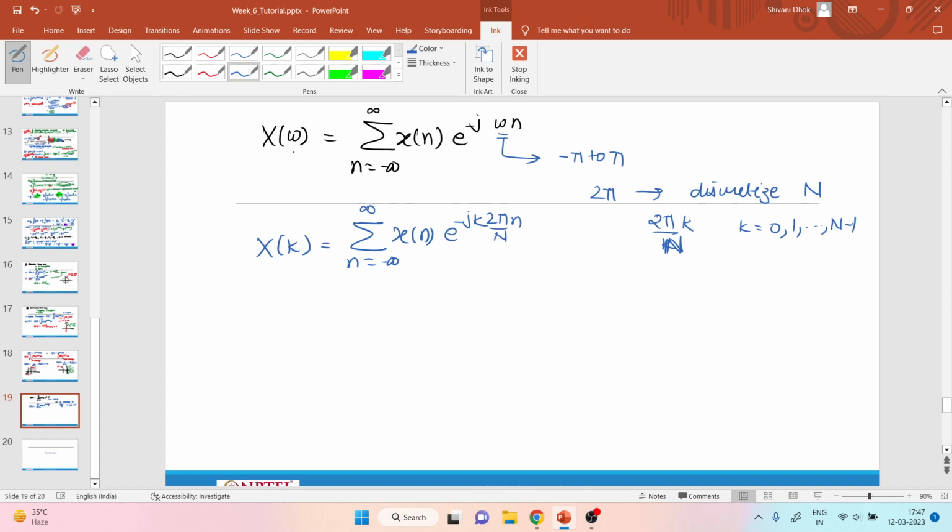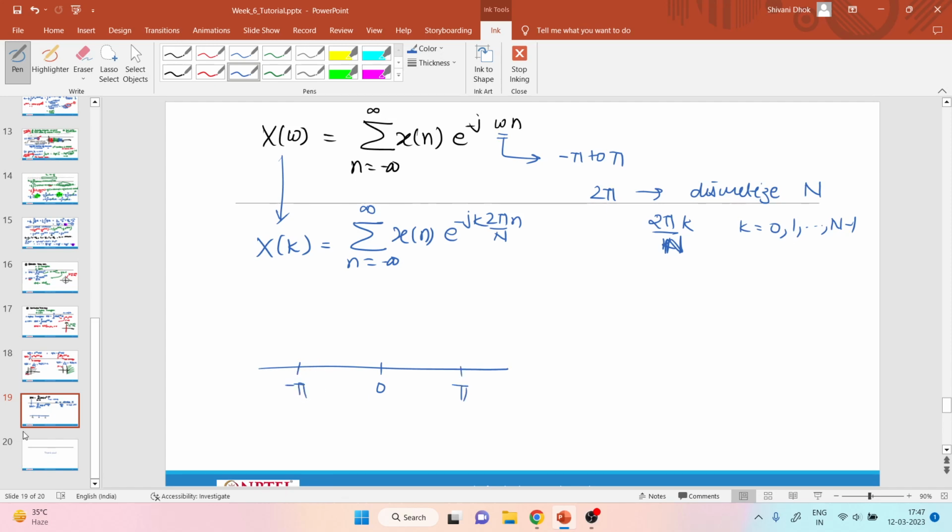Basically, when you discretize this frequency domain, you get the DFT. Discretizing in the frequency domain means one frequency interval of 2 pi we are dividing into N samples.